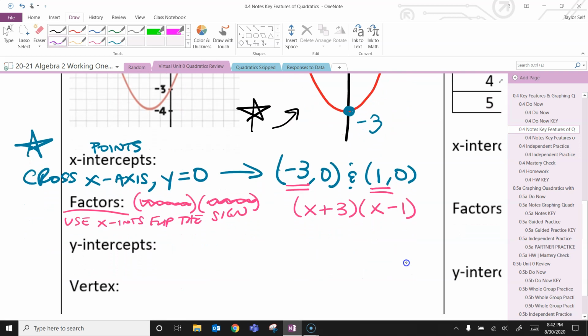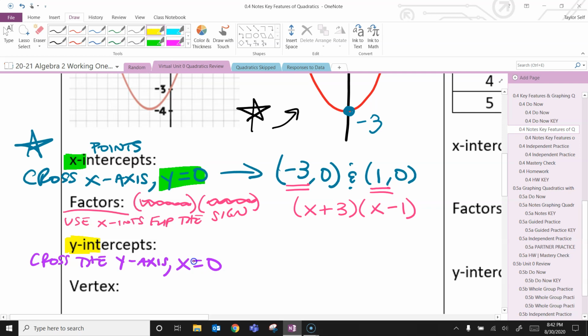All right, let's keep going. Y-intercepts. Make a note. Y-intercepts cross the y-axis, and x equals 0. So do you see how for x-intercepts, y equals 0, and then for y-intercepts, x equals 0. Think of it as flipping. Okay, cool.